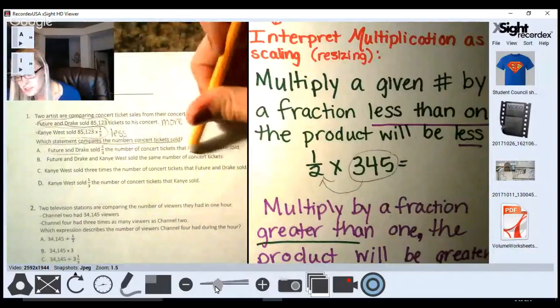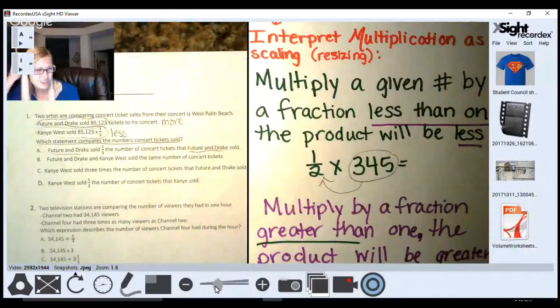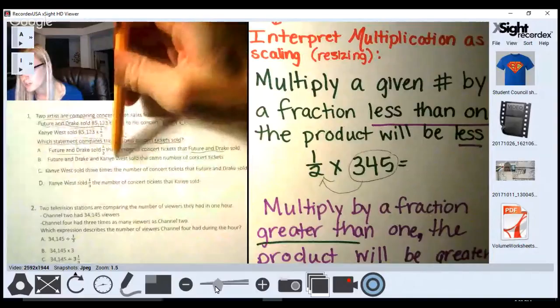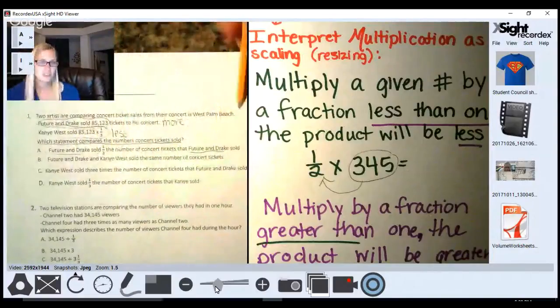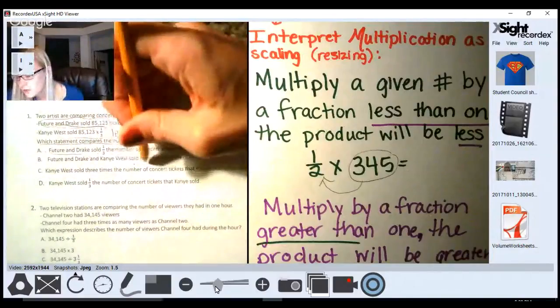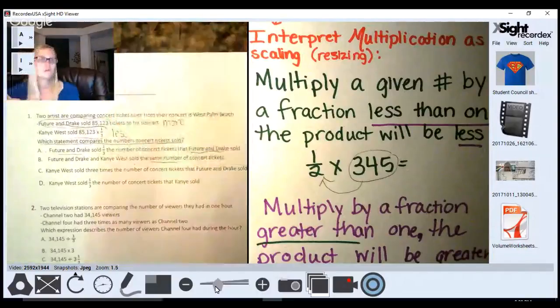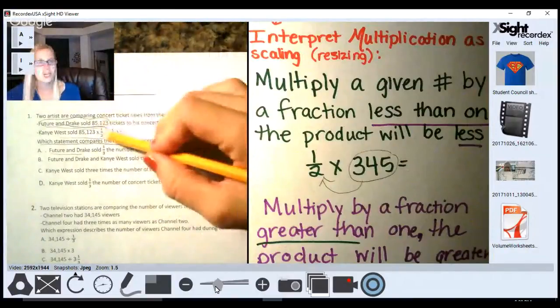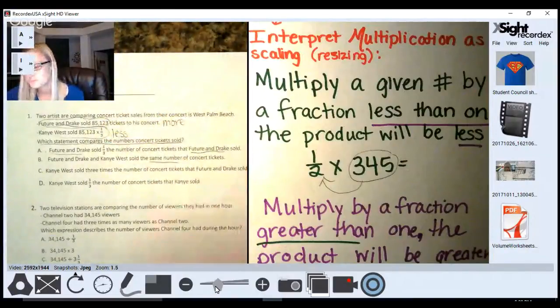So it's comparing themselves against themselves, so A definitely does not work. Look at B. B says Future and Drake and Kanye West sold the same number of concert tickets. So again, look at your rules. In order for it to be the same, it would need to be a fraction equal to 1. And this is not equal, so we know that B does not work either.